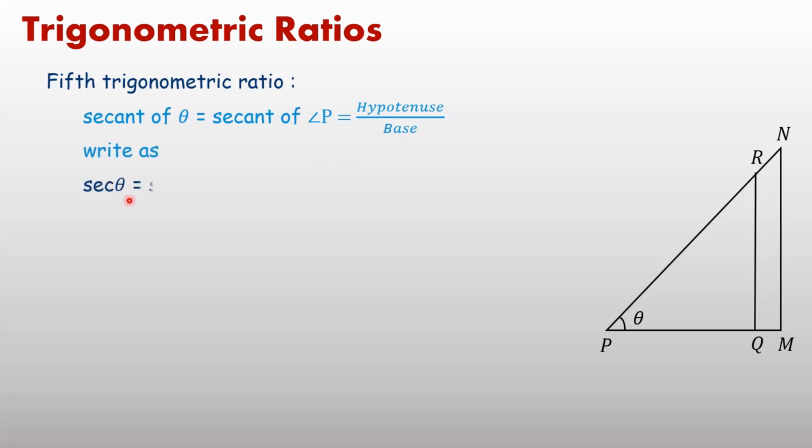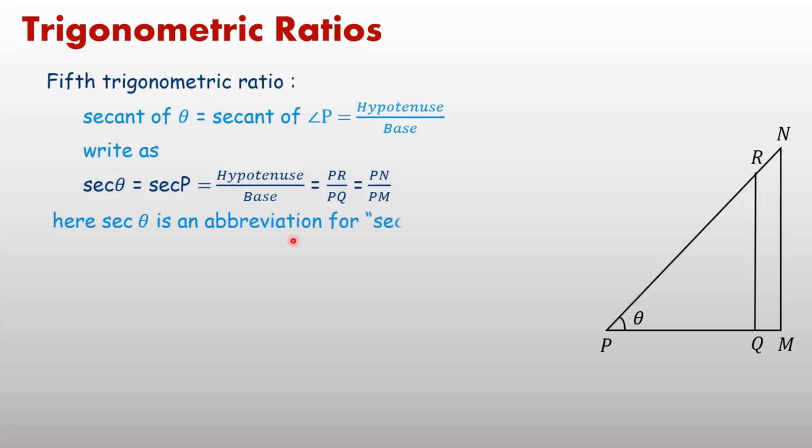In short form, we can write this as sec theta or sec P equal to hypotenuse upon base equal to PR upon PQ equal to PN upon PM. PN represents hypotenuse in second triangle and PM is the base in second triangle. Here again sec theta is the abbreviation for secant of angle theta.